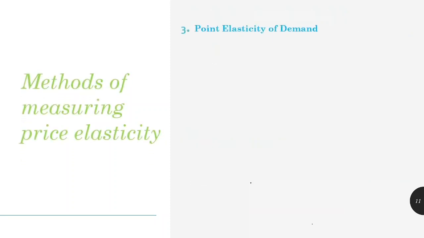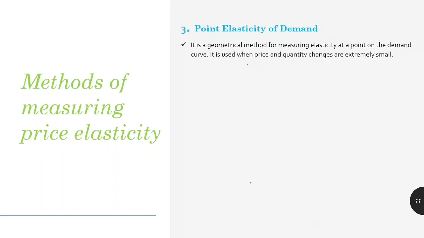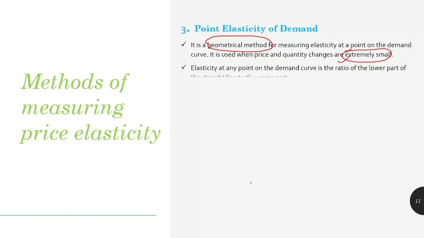Now, the third method is point elasticity of demand. It is a geometrical method for measuring elasticity at a point on the demand curve. It is used when the price and quantity change is extremely small. So when there is a small change, we take point elasticity of demand, that is the graphical method.